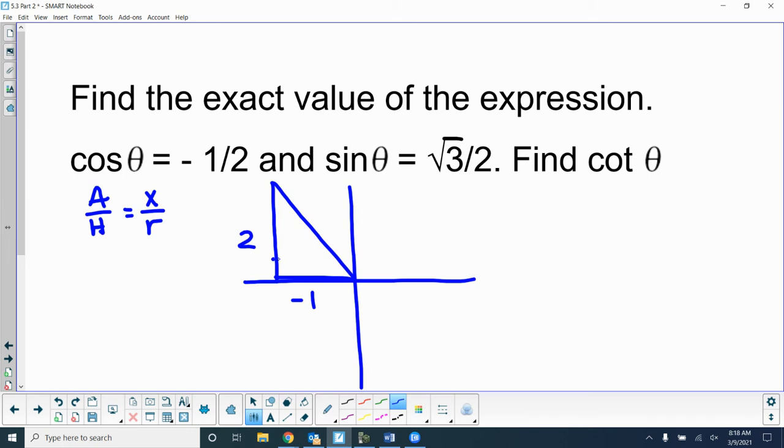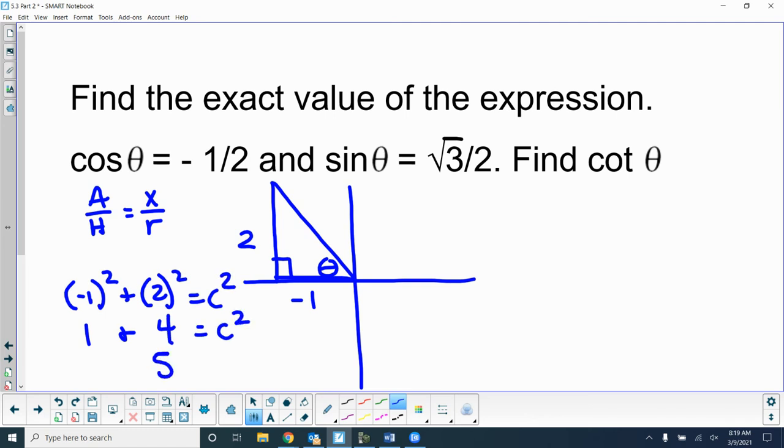Go back to the origin. All right. What's -1 squared? 1. What's 2 squared? 4. What's the hypotenuse? Square root of 5, right?